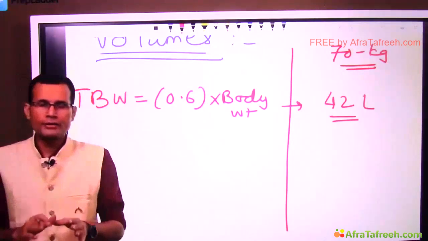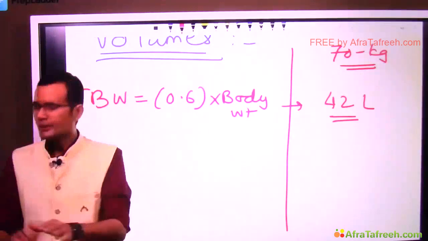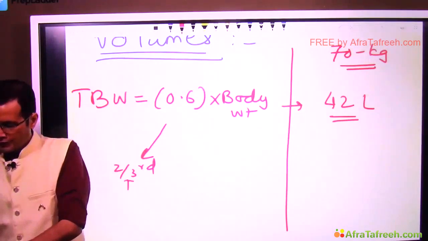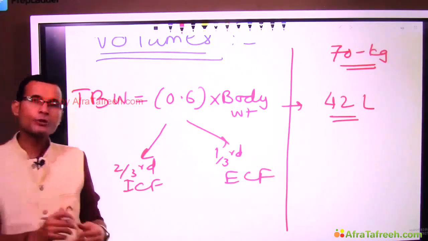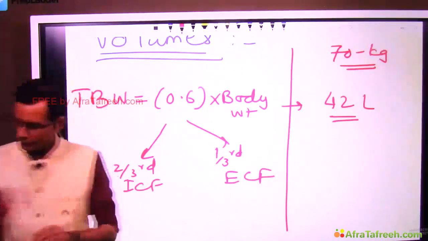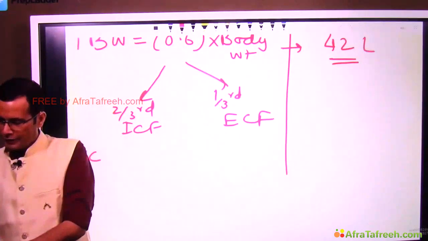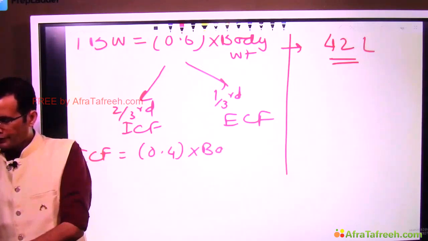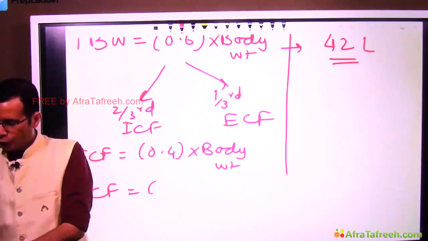Now, out of this, 2/3 is ICF and 1/3 is ECF. 2/3 is intracellular fluid, 1/3 is extracellular fluid or in the extracellular compartment. Or we can say intracellular fluid is 0.4 into body weight and extracellular fluid is 0.2 into body weight.